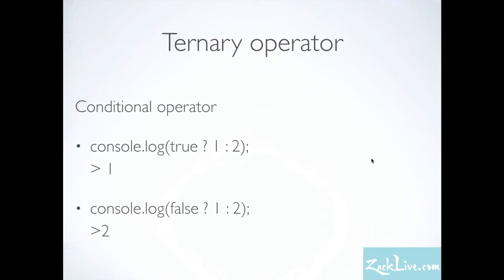If the expression in front of the question mark returns false, it will give you the second operand of the colon. So in the first example, the expression before the question mark is true, so we will get 1 as the result. And in the second example, since it's false, we get the second operand, which is 2.